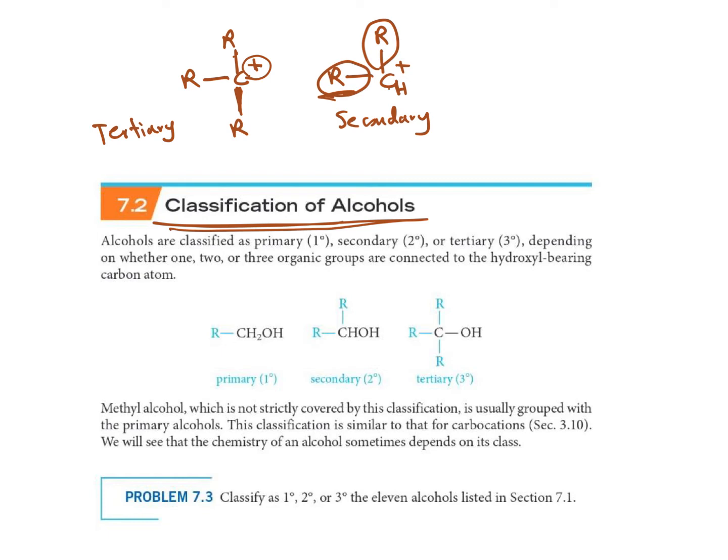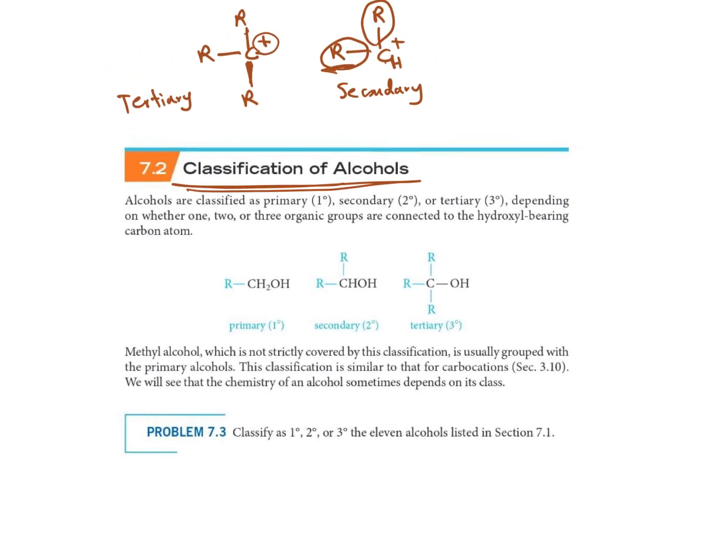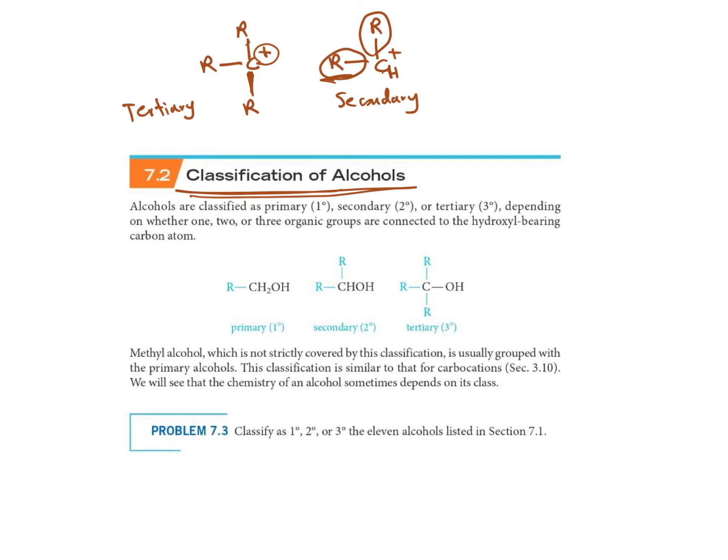So if you have your alcohol, how would I know that I have an alcohol? Exactly, when I see OH here, I know that I'm dealing with alcohols, right? So if to my carbon I have only one substituent attached, and when we're talking about these, we're thinking about carbons or things that are not hydrogen.